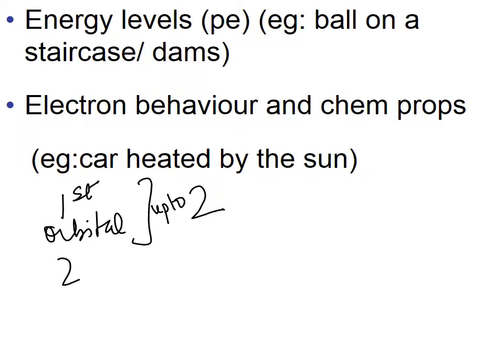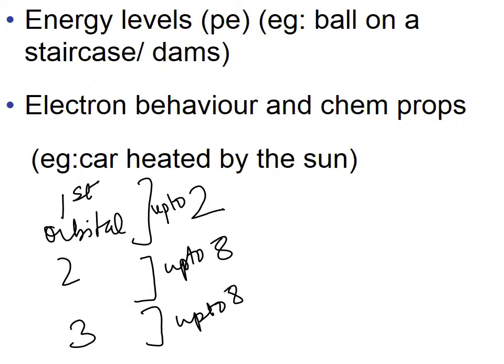The second orbital can contain up to 8. The third orbital can contain up to 8. For the chemistry knowledge you need for this biology level, you only need to know up to this much. But there have been cases where students ask me what is the number of electrons the fourth orbital can have? Then we found out up to 18 it can have.